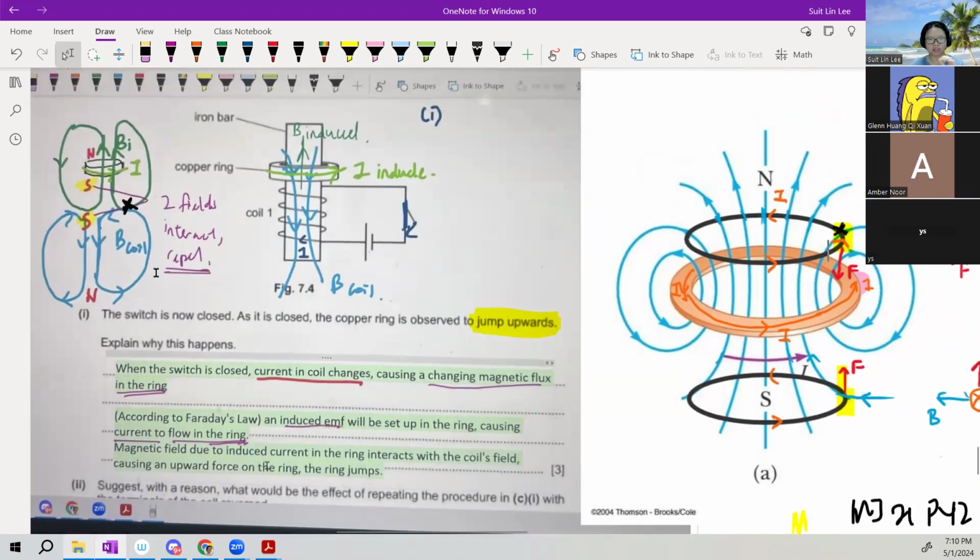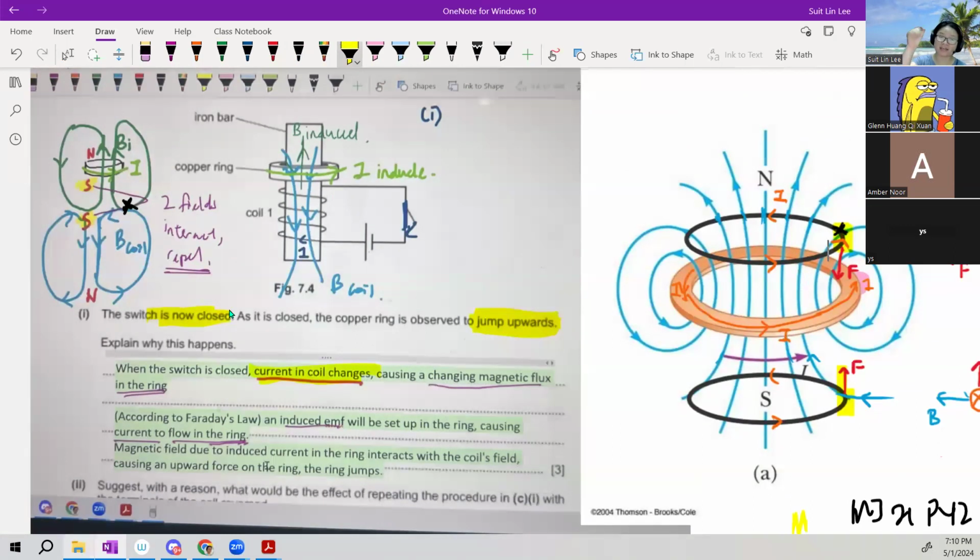So right now, the change is not weight. The cause of the change is current flowing. The switch is now closed, so this is the cause of the current change. So if you talk about weight, there will be no marks because weight didn't cause the change in flux. Current caused the change in flux. It has nothing to do with weight.